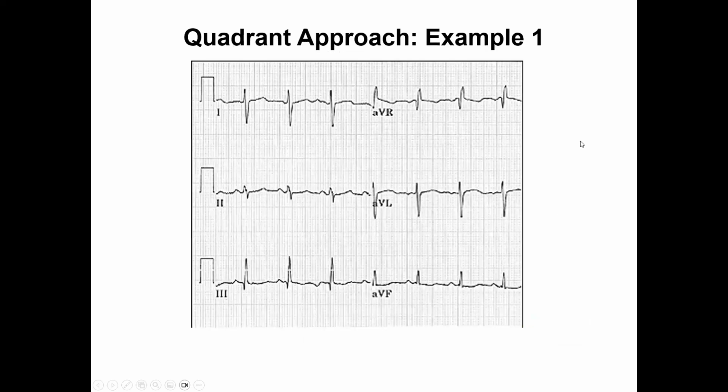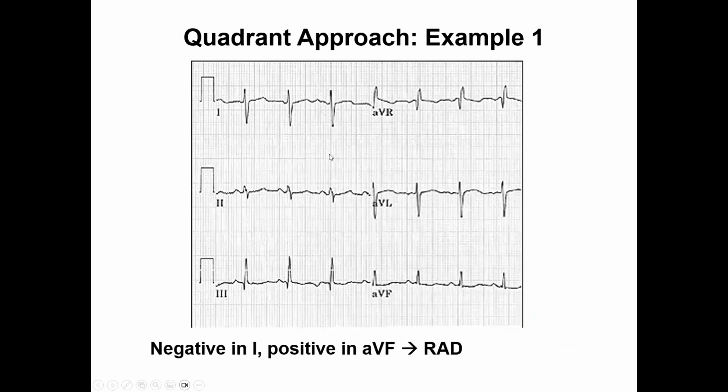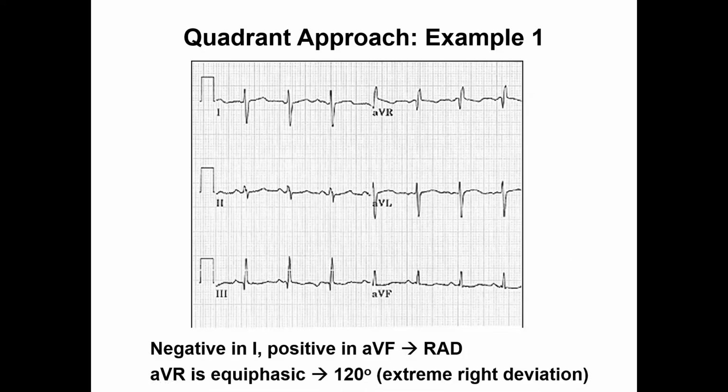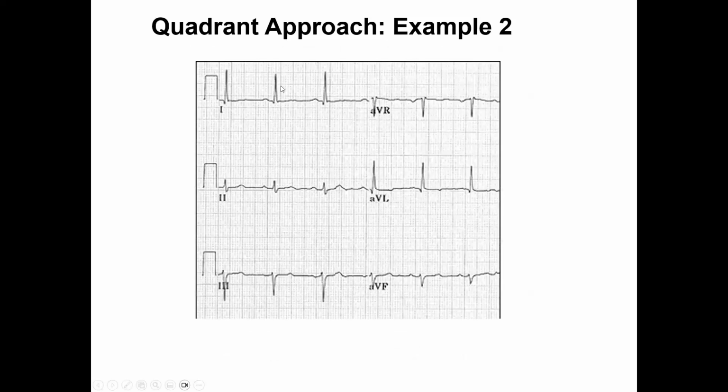Okay. Quadratic approach. Lead number 1 is negative. Okay. AVF is positive, so that's a right axis deviation. Period. Okay. AVR is equiphasic, so it's 120. Yes? Next one. Lead number 1 is positive. AVF is negative.